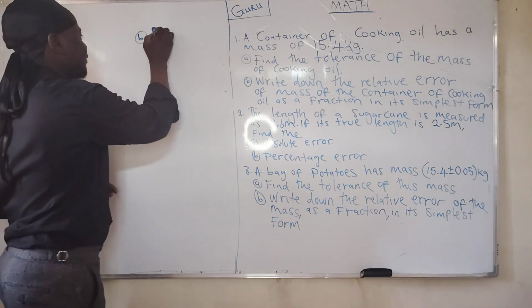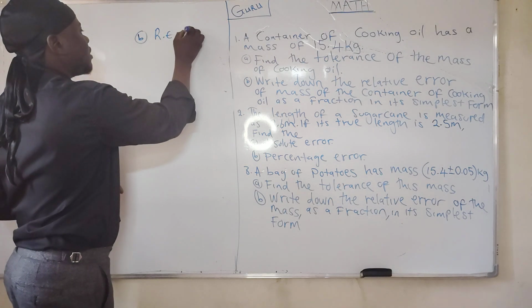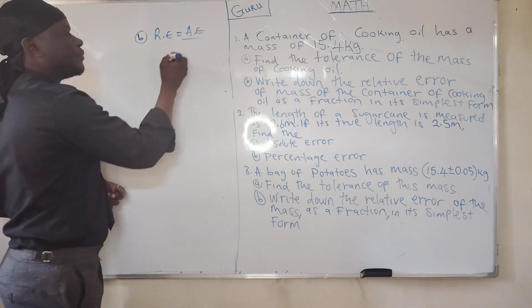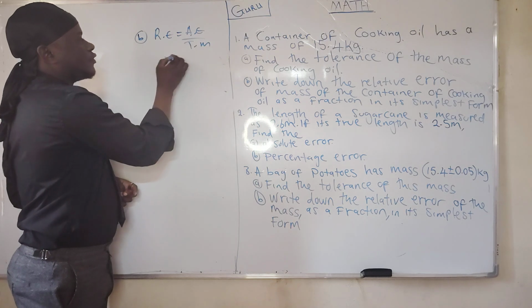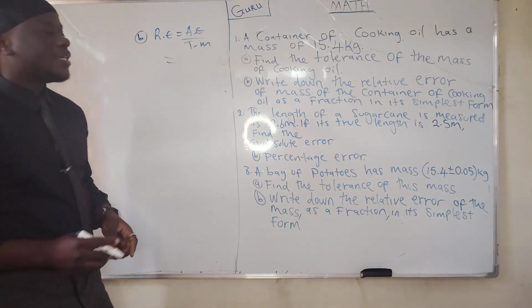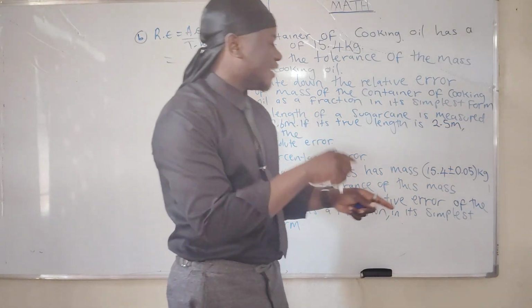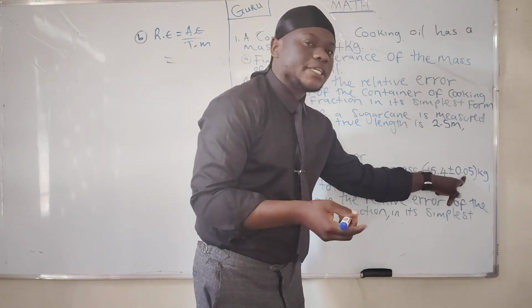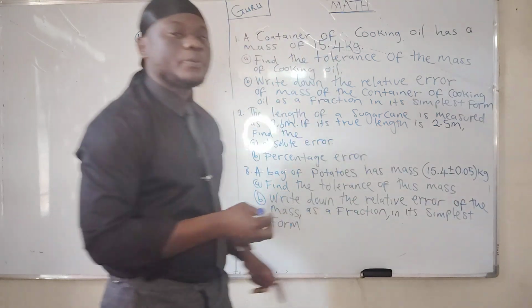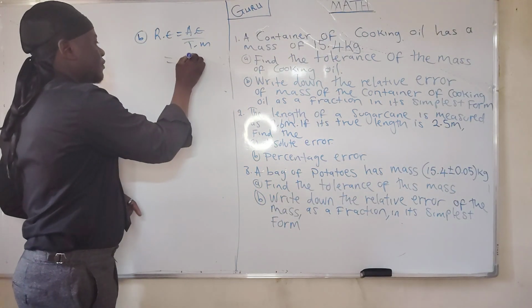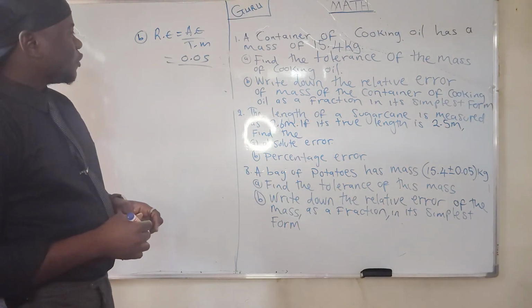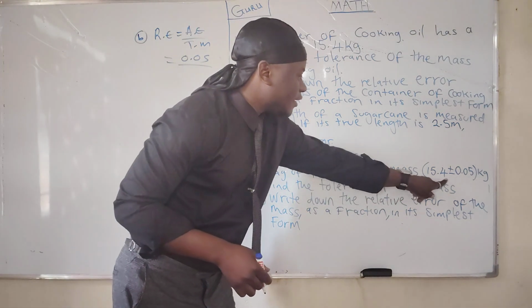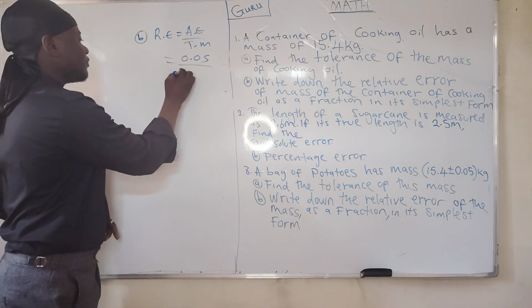So you say relative error is equal to absolute error over what? True measure. Absolute error, we said, is the one which was being added and subtracted so that you get lower limit and upper limit. So you have 0.05. Then true measure is the same one here, 15.4.